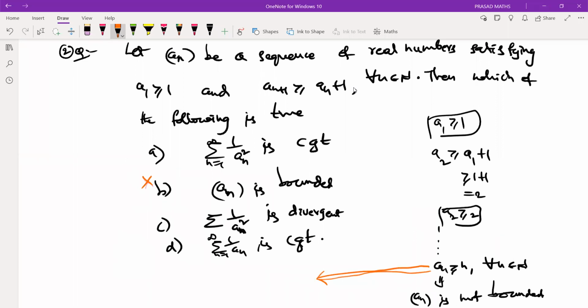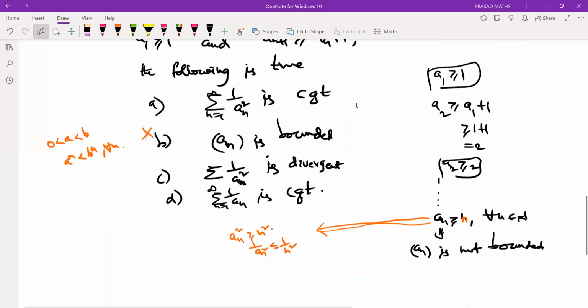Therefore, you take the squares on both sides, what do you get? a_n square is always bigger than or equal to n square, because this is positive. Here n is a natural number which is positive. Whenever a, b are positive, you know that a power n is always less than b power n for every n. Therefore, 1 by a_n square is always less than or equal to 1 by n square.